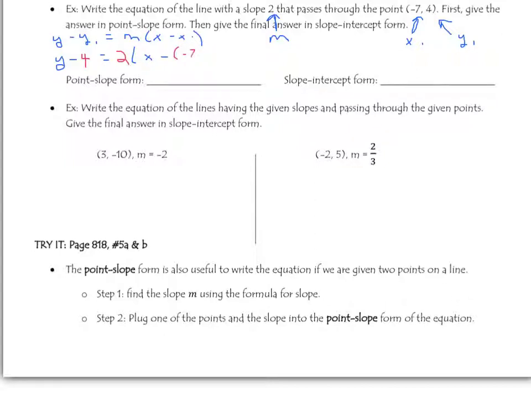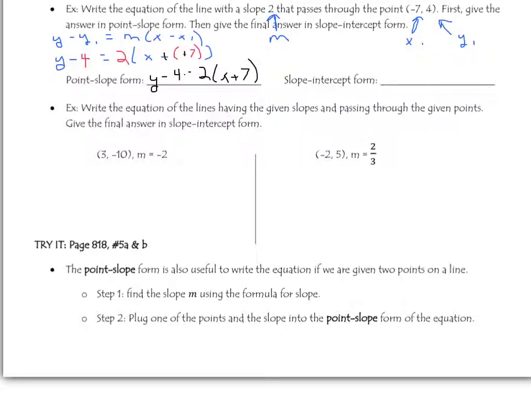So notice you have to be careful with your negatives. Now we know from our past experience that minus a negative is the same thing as plus a positive, so we can change both of those to pluses, and then we can write down our point-slope form, y minus 4 equals 2 times x plus 7.